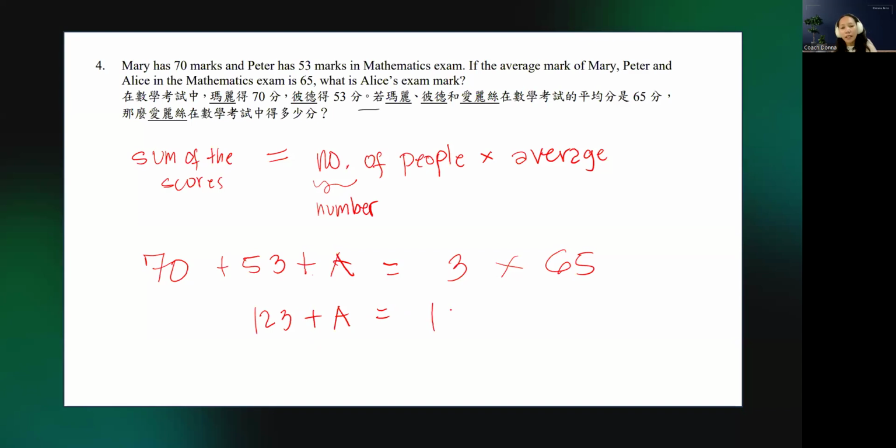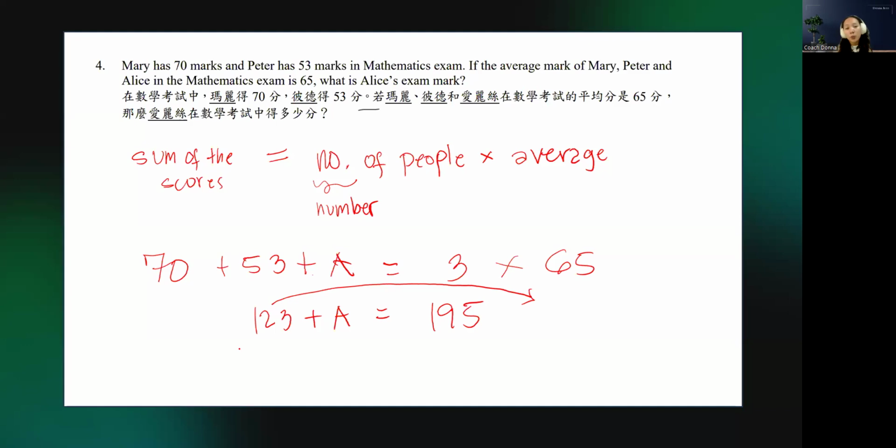And that's 195. The next step here is we can actually move 123 to the other side of the equal sign. So if we're going to move something from one side to the other, we need to change the sign of that number. As you can see, there's no sign here. It's understandable it's positive.